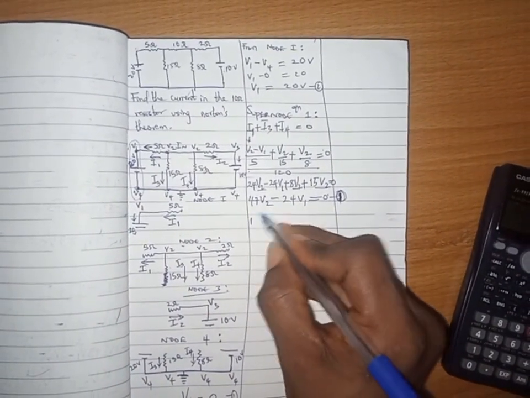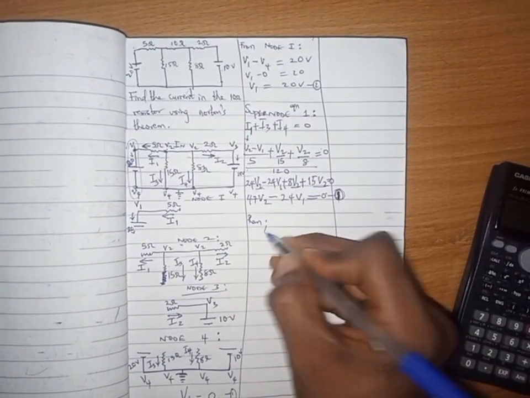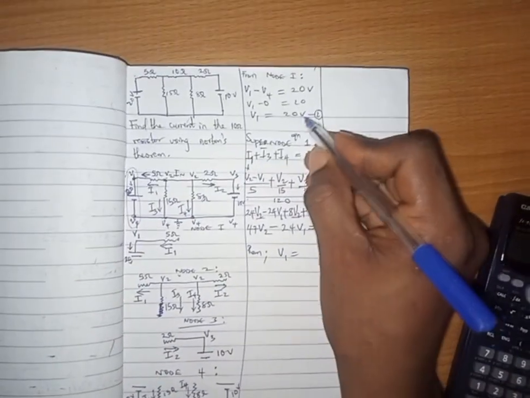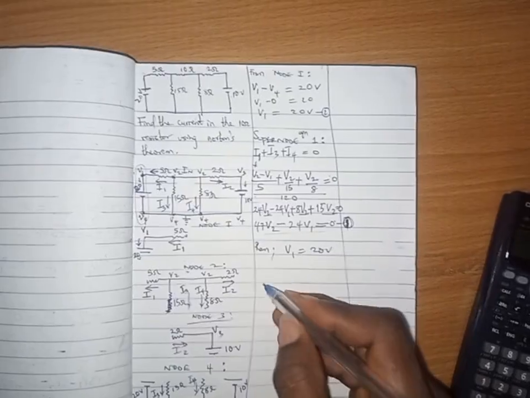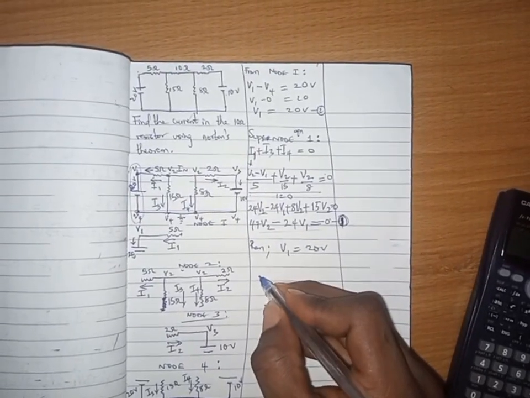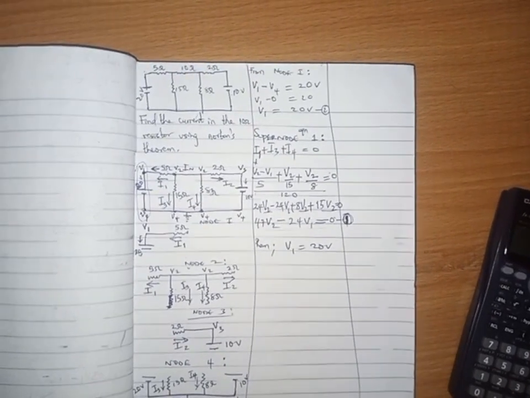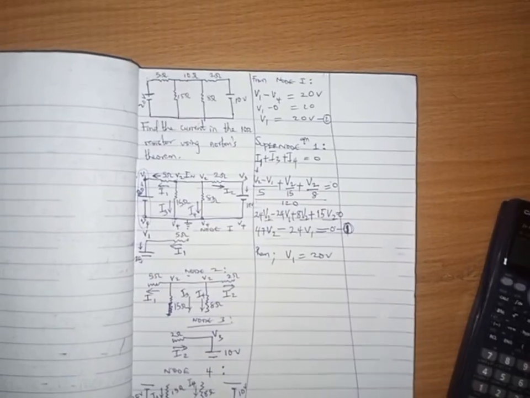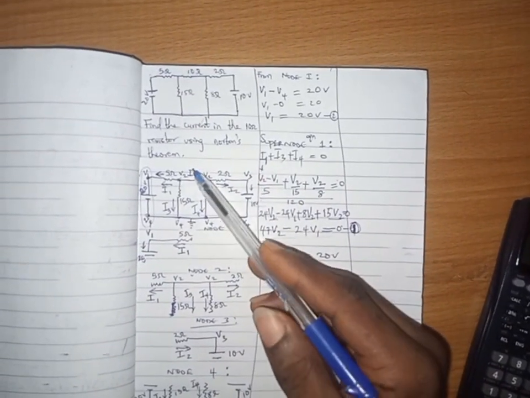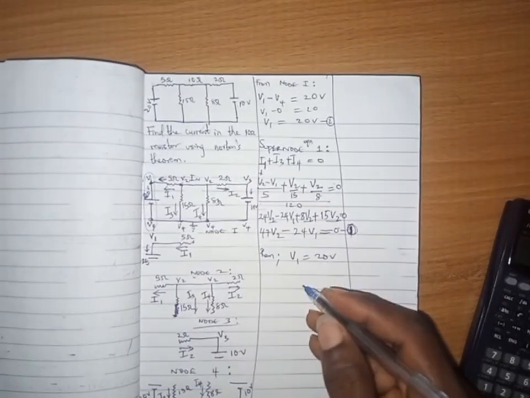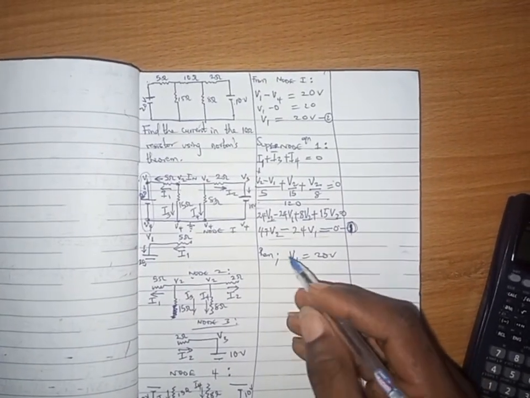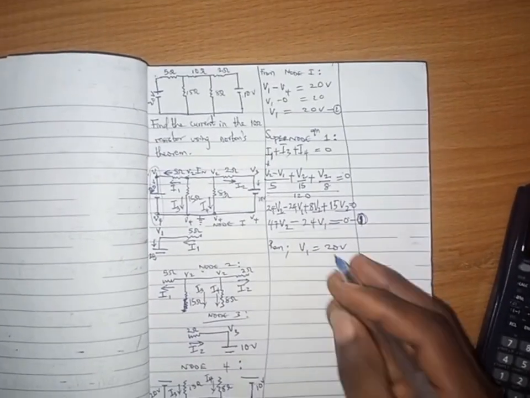But we still need to remember that we already have V1. V1 here is equal to 20V. So just substitute into this equation. It makes the work easy for us, because instead of us coming to find node equation 2, there is no need for that. If you want, you can still progress and do it, but we can just do it here.